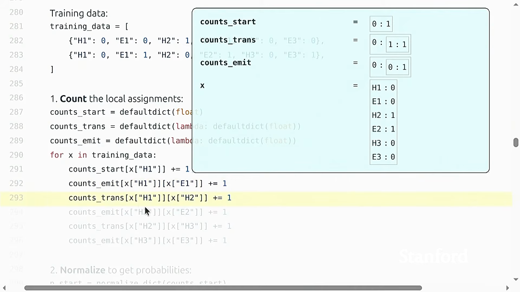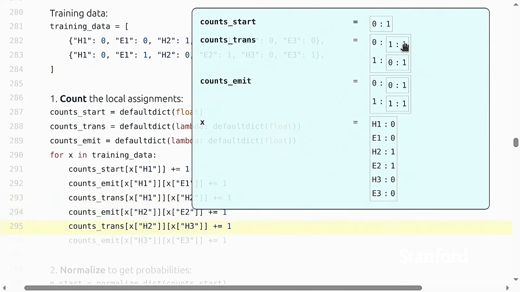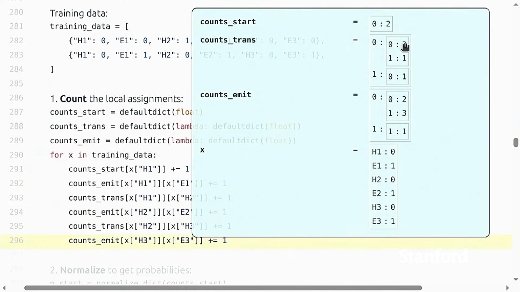Transition: H1 to H2, that's a 0 to a 1. So for transition, 0, 1, and I increment that count, and so on and so forth. And I do it for the second example, and then I get a bunch of counts.